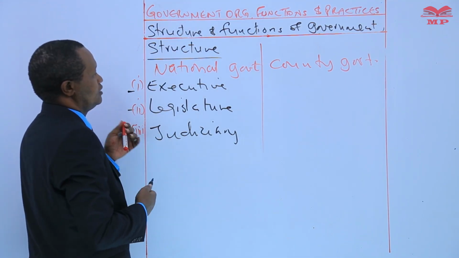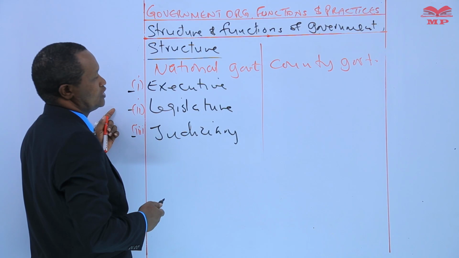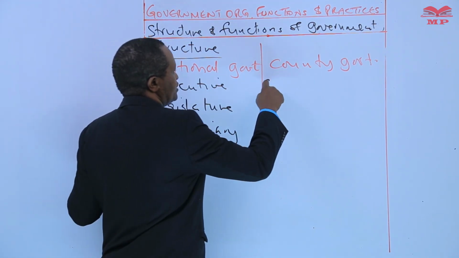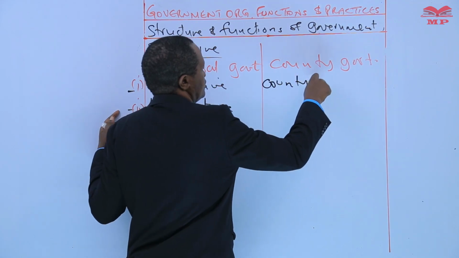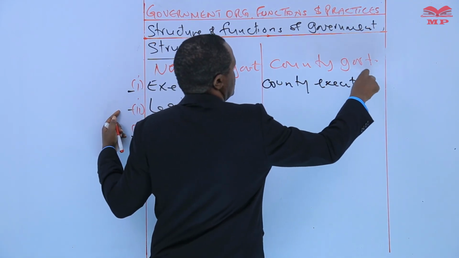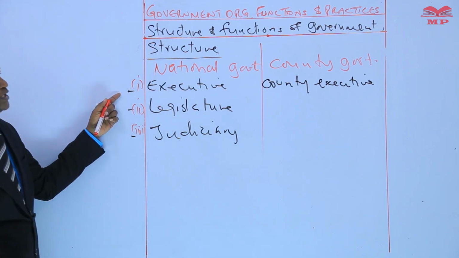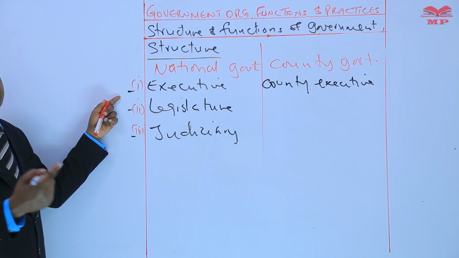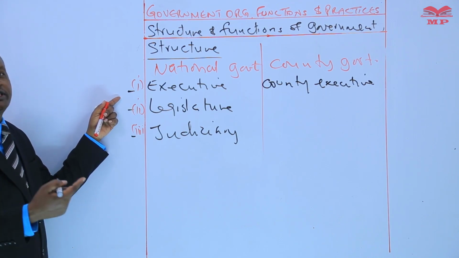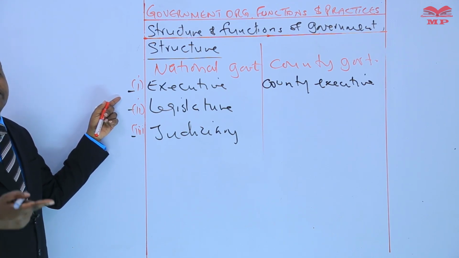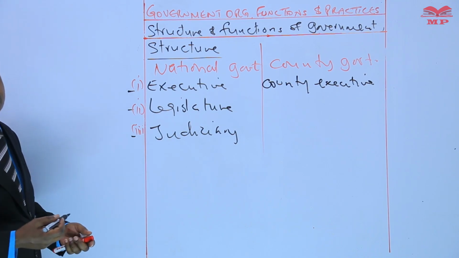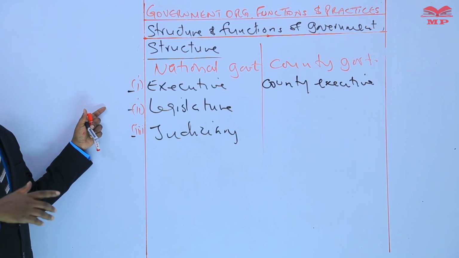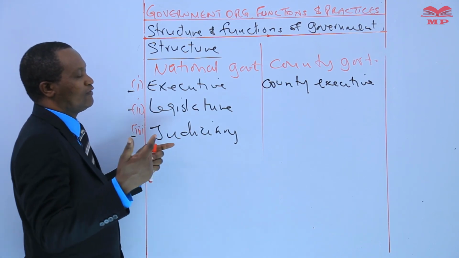So the first branch, as far as the county government is concerned, is the county executive. Just like the national government has the national executive, at the county level we have the county executive, which is headed by the governor, who is the chief executive officer of the county. The governor is elected directly by the people and is responsible for the overall administration of the county government.